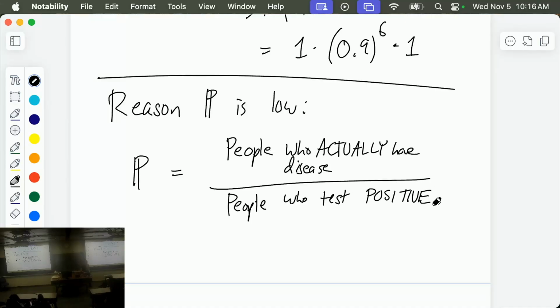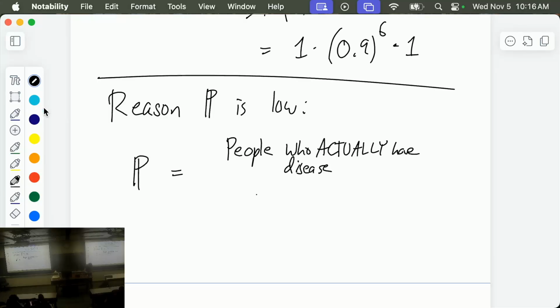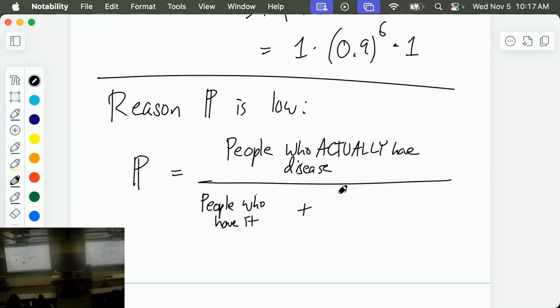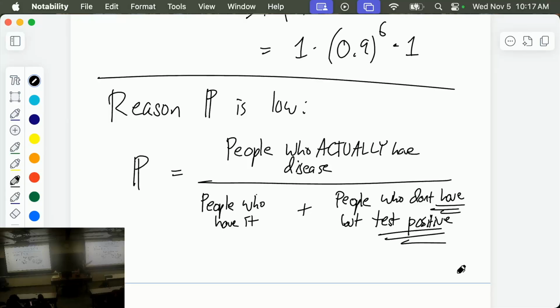And the people who test positive can be further subdivided into 2 groups: people who actually have it, and people who test positive but don't have it. So this is the sum of people who have it, plus people who don't have it but test positive.